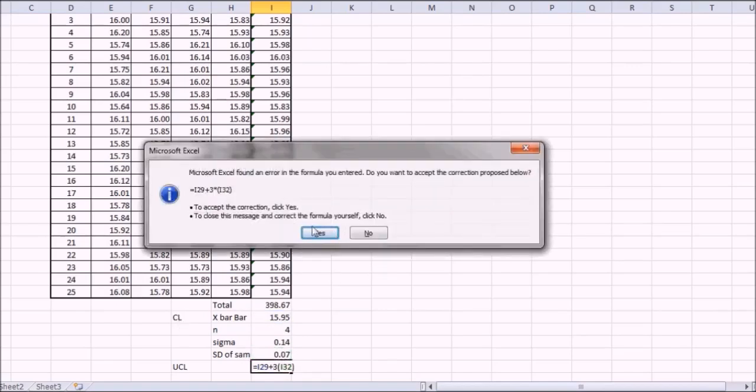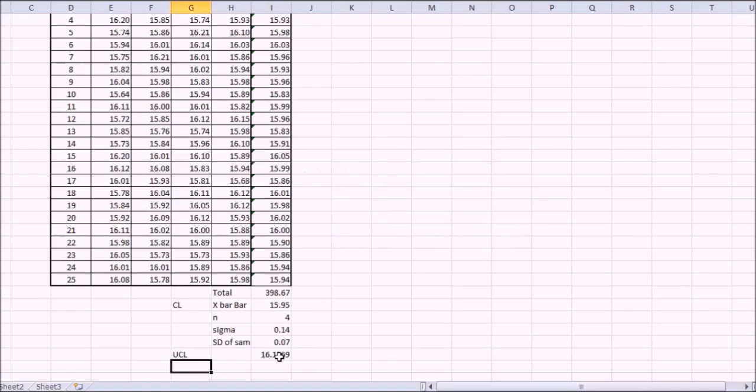There's something wrong in the formula, let me have a look. 3 times, yeah, it's fine. Let me put this in parenthesis. So the upper control limit is 16.1569.